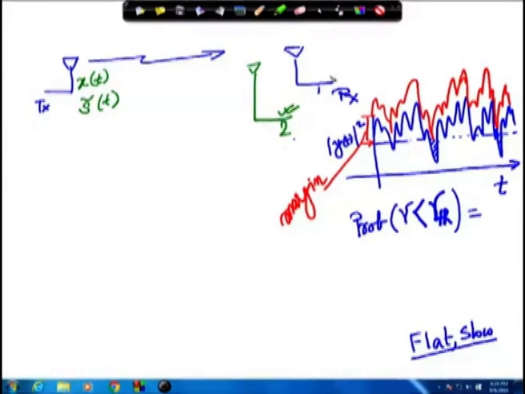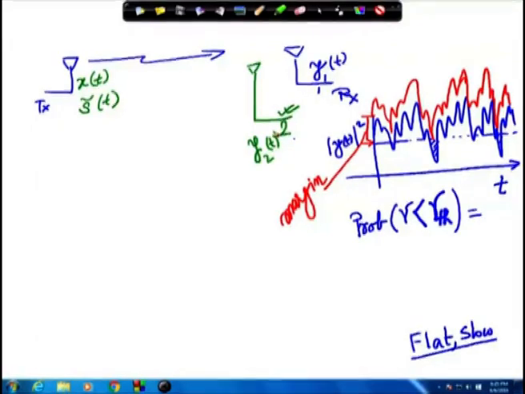We will use the narrowband antenna array assumption. That means the signal here remains the same, except there is a phase shift. So basically, whatever signal I receive in the first antenna, let us say y of t or y1 of t, whatever we receive in the second antenna, we could write it as y2 of t.